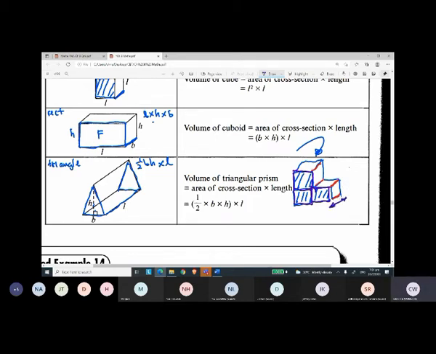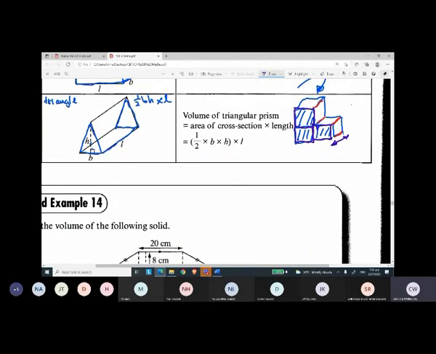That is your volume already. It's the same, isn't it? So you notice for your volume, as long as it is a prism, it's very simple to do. Just find the area of one side times the length which is joining the two sides together. That is your volume.